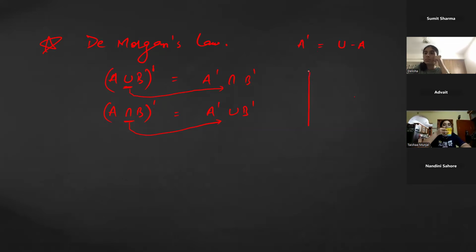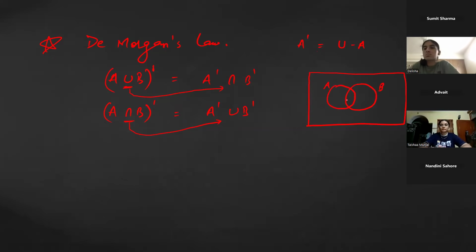So if I draw the figure for this one, a Venn diagram, let us say this is A set and this is B set, right? The whole set A union B will be the region inside A and B, right?